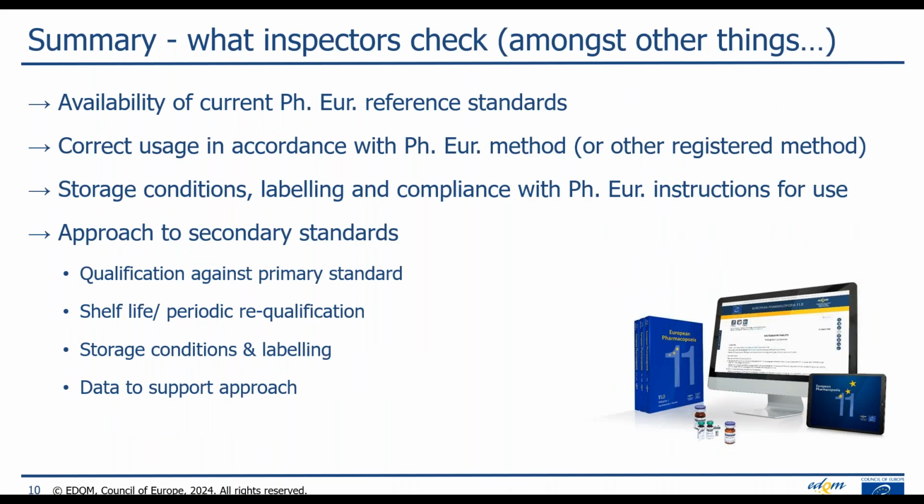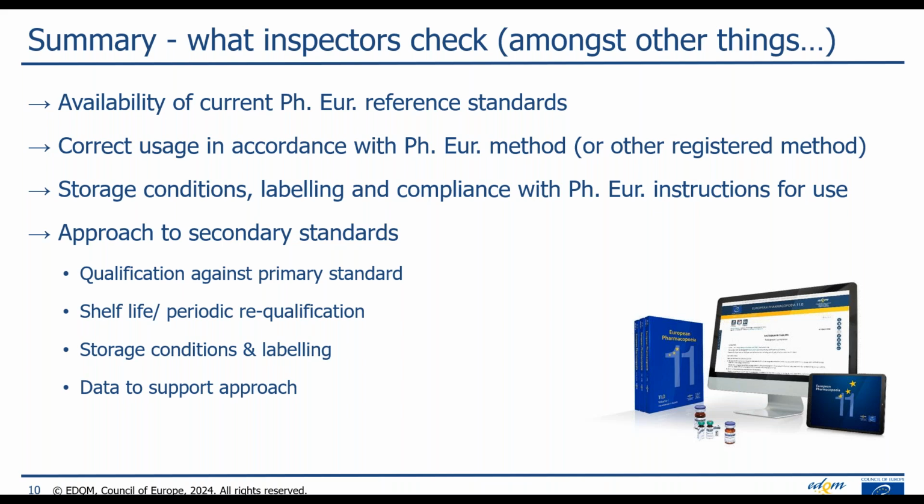So in summary then, what we would look at during inspections is whether the current European Pharmacopoeia reference standard is available, whether it's being used correctly in accordance with the method in the monograph or any other registered method.